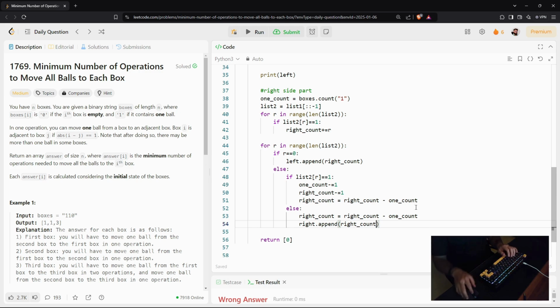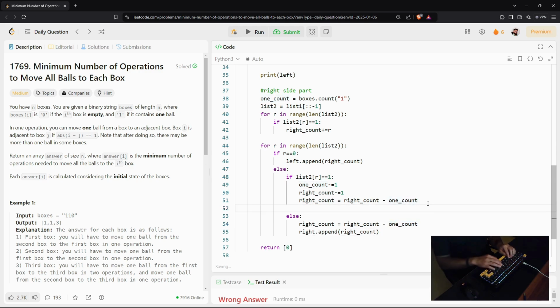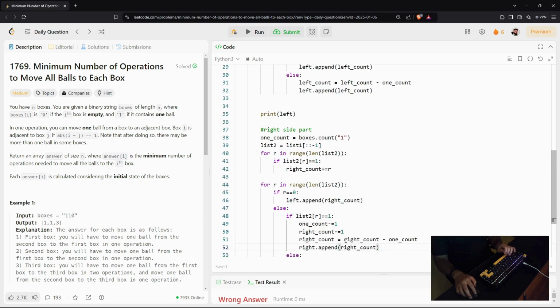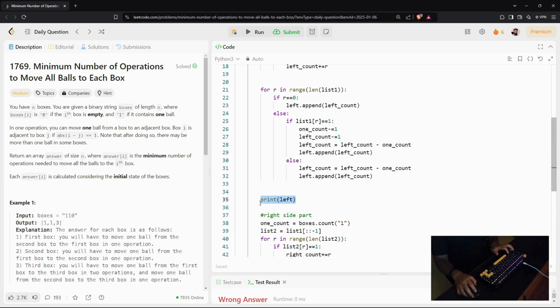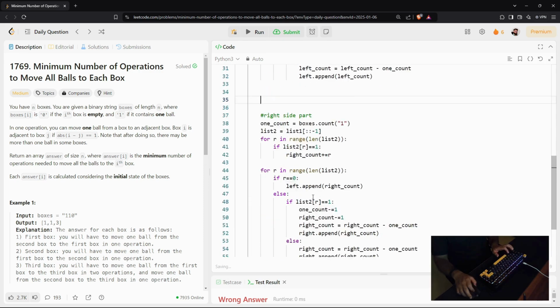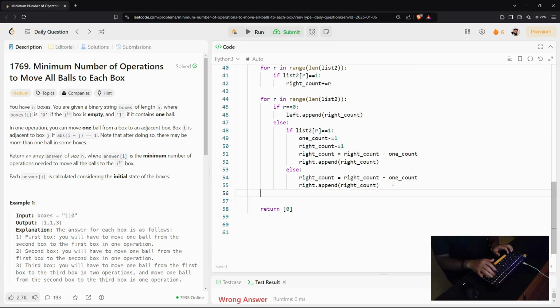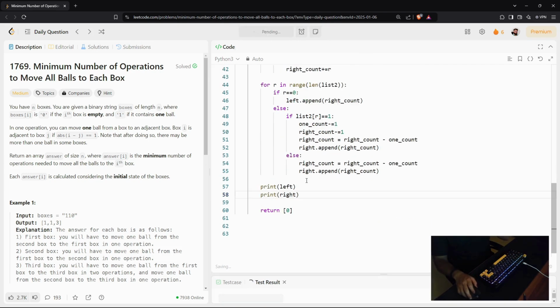This is getting updated with each iteration. So now if I again print left and right, you will see what it is. The left and the right. We run this.